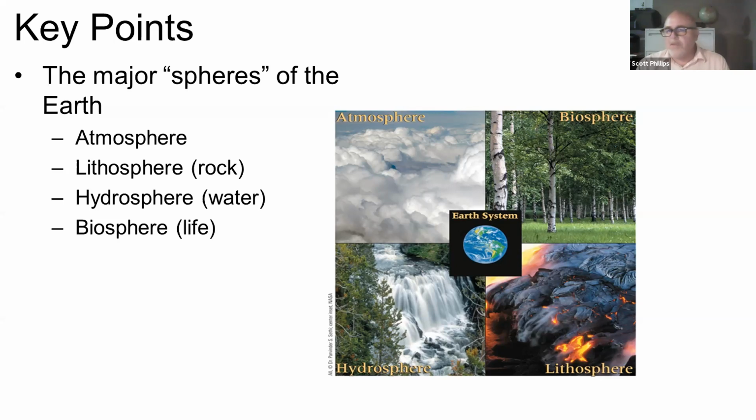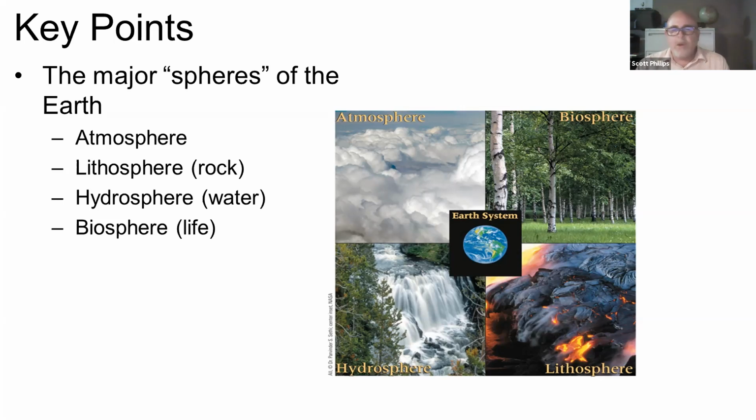And that is going to overlap with a lot of the other systems as well, because living things need water. Water is part of the weather, and so on. But water is important enough that it gets its own topic here. And lastly, we'll be looking at living things on the Earth, or the biosphere. Bio like biology, so about living things.